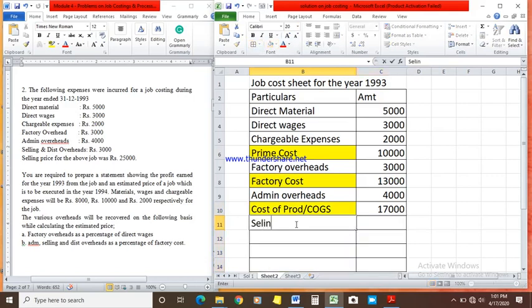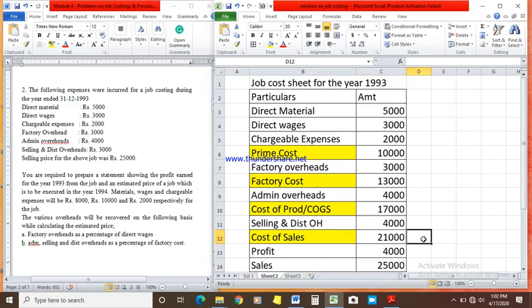Then we are going to add selling and distribution overhead, that is 4,000. So we get cost of sales. Then we consider the sales value. Selling price for the year is given as 25,000, and hence the profit will be 4,000.